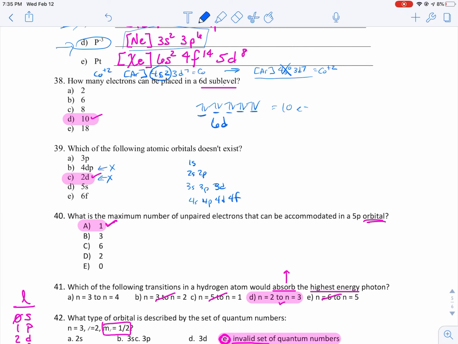So if you try to figure out the number of unpaired electrons in a 5p orbital, what's the maximum number? There are different combinations. If we're talking about a p, you could have 1, 2, 3.